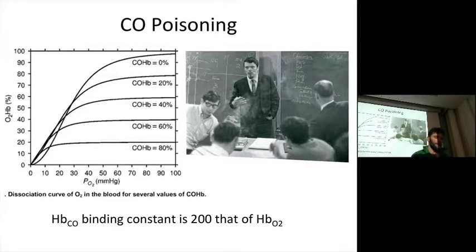So for the half-life of oxygen coming off of a hemoglobin, the half-life of the carbon monoxide is 200 times that, right? It's going to be significantly slower to come off.